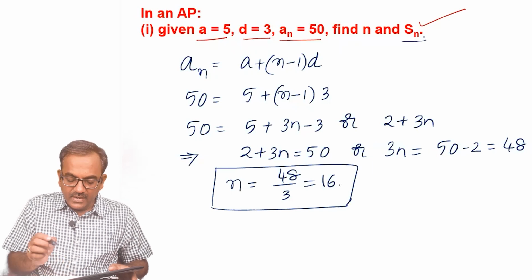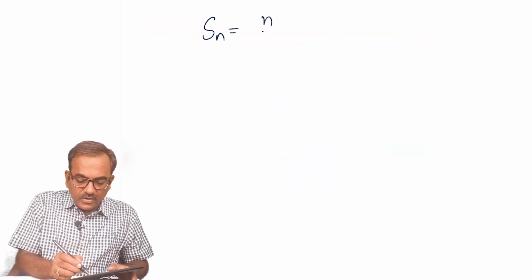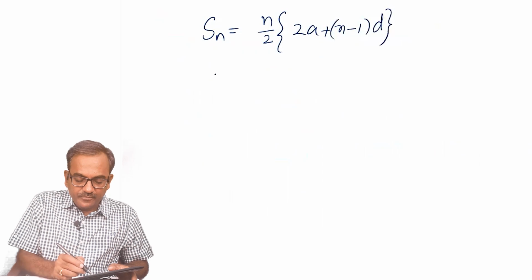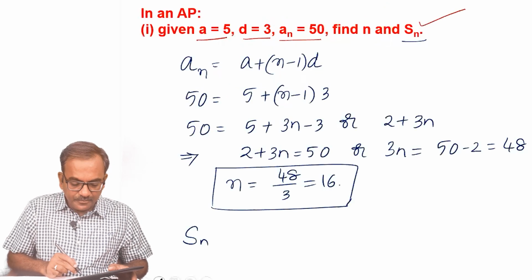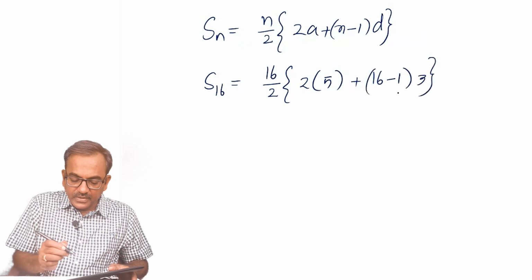Now let us find Sn. Let me take it in the next page. Sn is equal to n by 2 times 2a plus n minus 1 times d. S16 is equal to 16 by 2 times 2a plus 16 minus 1 times d, where a is 5, d is 3.